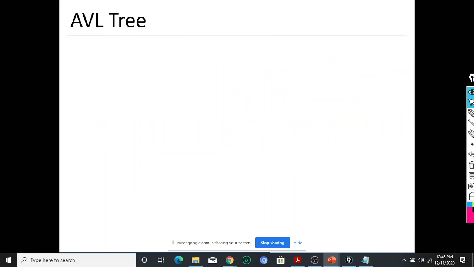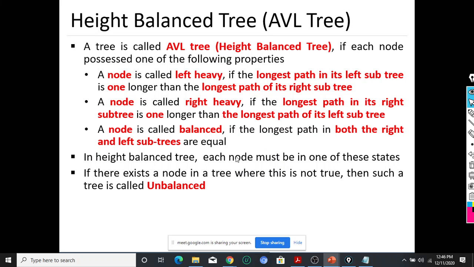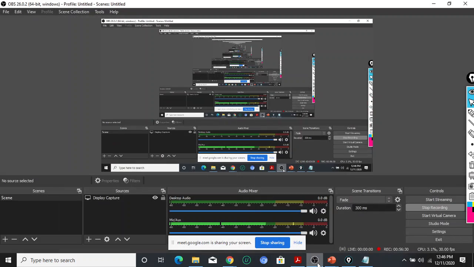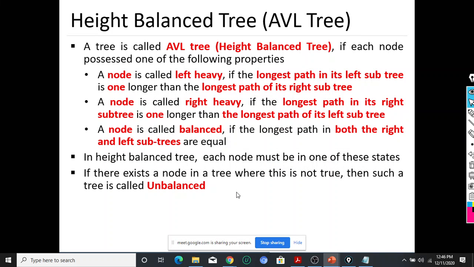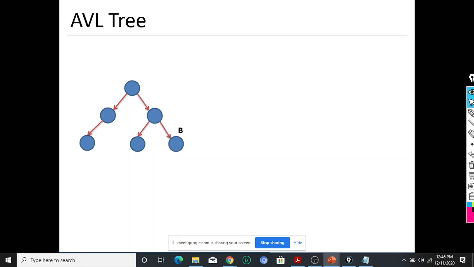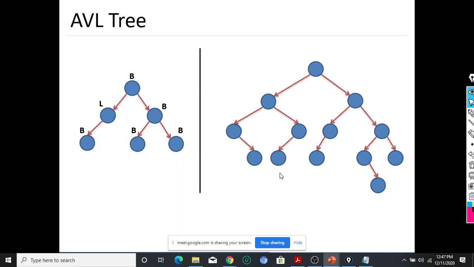And if it is not, in some cases the balance factor of a particular node is +2, sometimes we get -2. So if it is unbalanced, we have to perform some rotation so that we can convert this tree into an equivalent height balanced binary search tree.